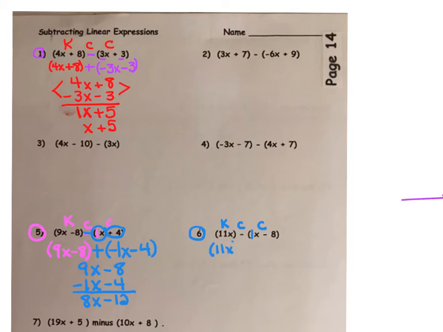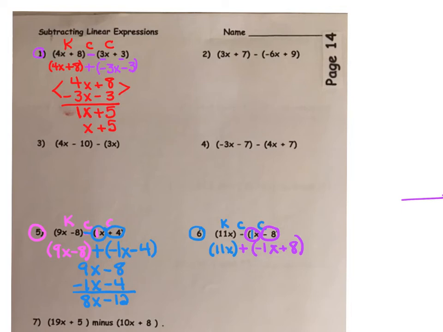We have the 11x, which remains the same, but of course subtraction becomes addition, and we flip both terms to their opposites. The positive 1x becomes a negative 1x. The loss of 8 becomes a gain of 8.